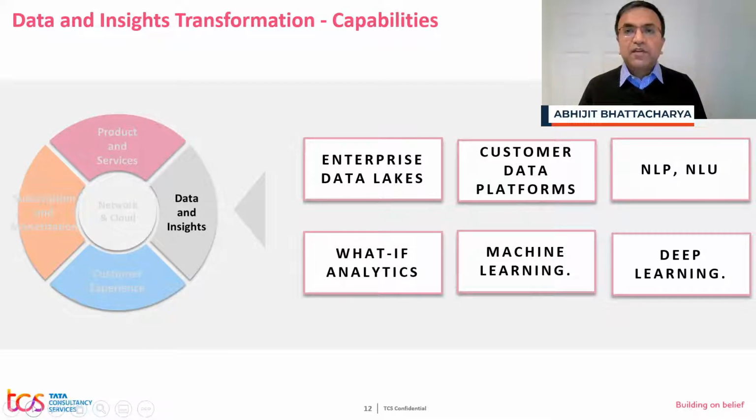So there will therefore be investments in enterprise data lakes, customer data platforms, and all the artificial intelligence and ML platforms. This is also a significant investment area as part of digital transformation.